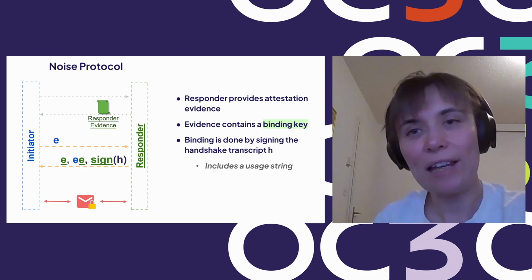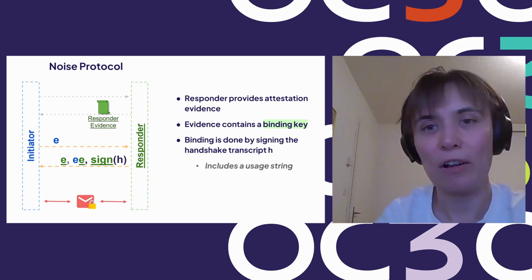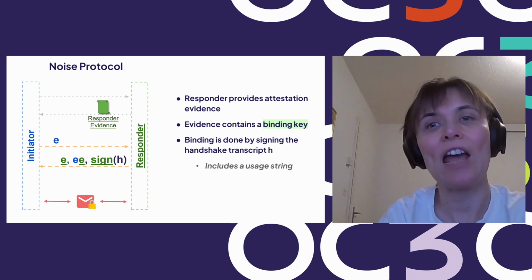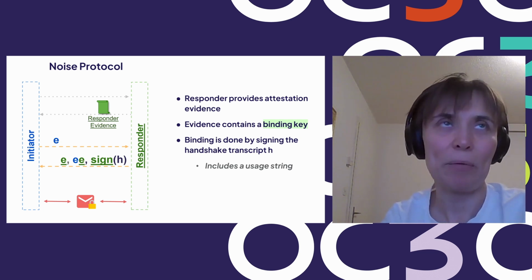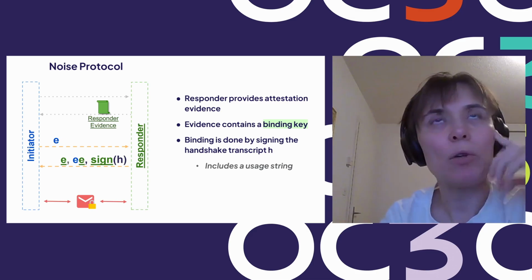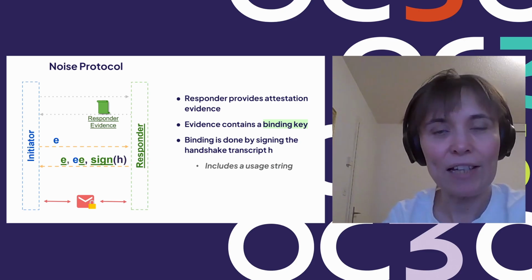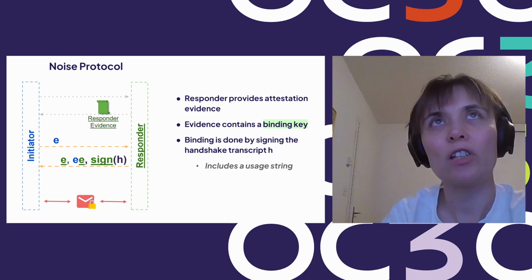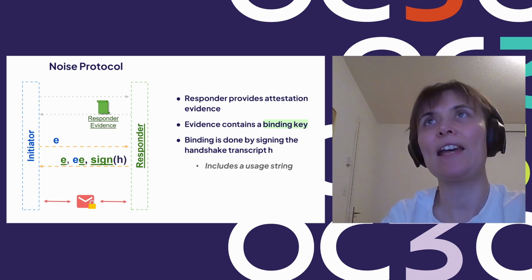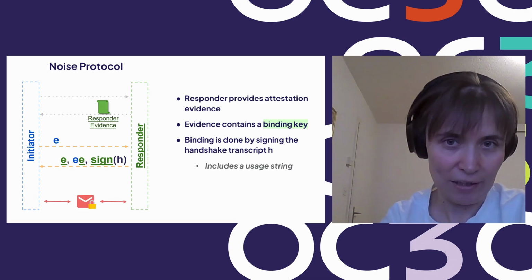What you see now is the noise protocol with just the ephemeral key, as I described, to which we have added a unidirectional attestation step. So now responder attests itself to the initiator. What happens is the initiator is sending the request, the responder sends back the evidence, and what we require is that this evidence contains the binding key, which will be signed by the rest of the evidence.